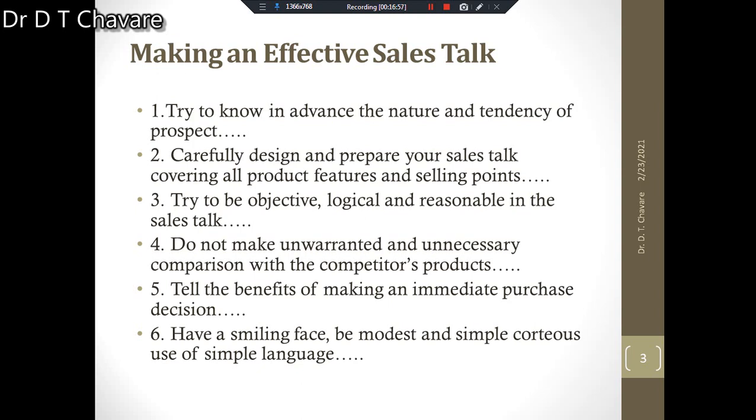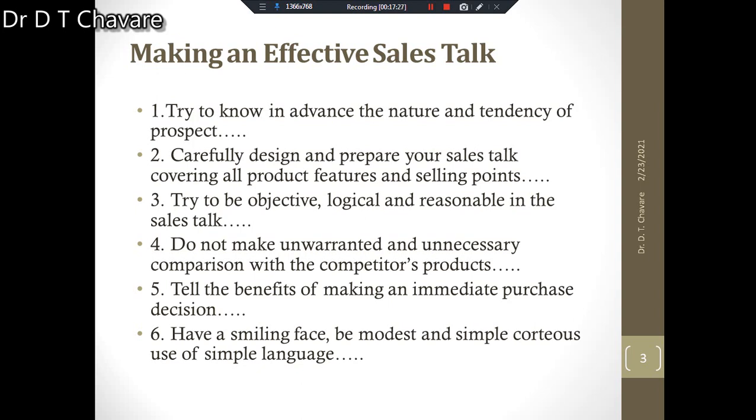You should carefully design the sales talk covering all product features and selling points, and that is also essential. Then try to be objective, logical and reasonable in making the sales talk. Do not make exaggerated, false and misleading claims about your product or your services.